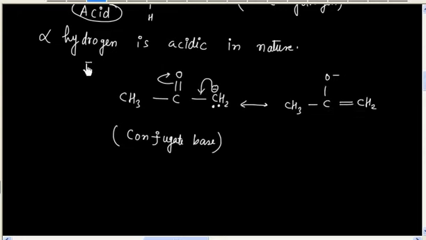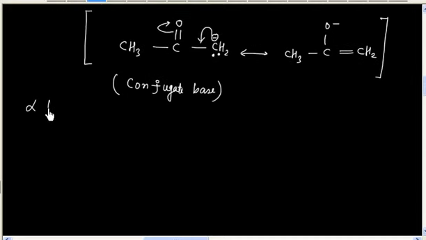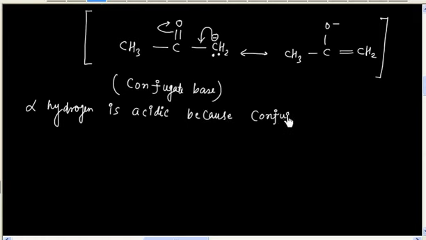And that's why we say alpha hydrogen is acidic, because the corresponding conjugate base is stabilized by resonance.